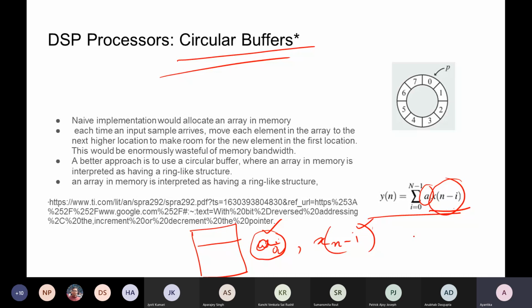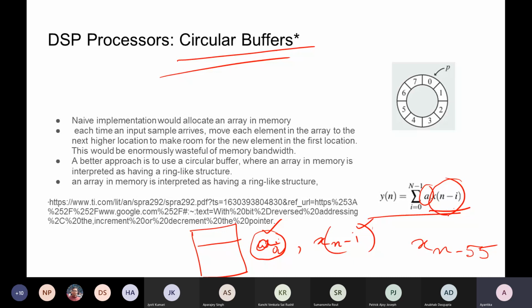At some point, this a0 or a1 is not very meaningful to you. As you are proceeding, once you are processing x(n minus 55), let's say, at that time x(n minus 0) is of no value.